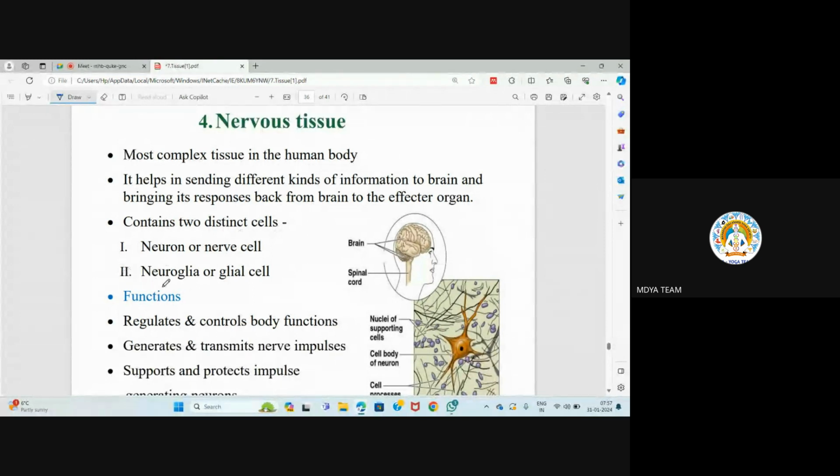Second is neuroglia or glial cells. Neurons receive information, process it, and conduct it for further actions. Glial cells do not have any relation with the electrical information received by neurons. So glial cells are just supporting neurons.